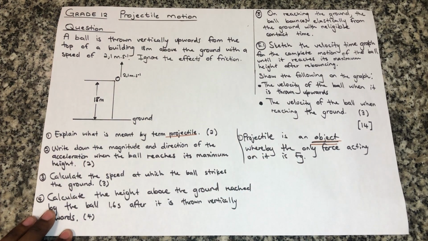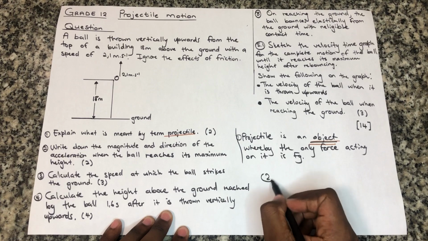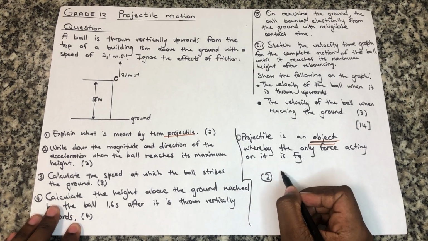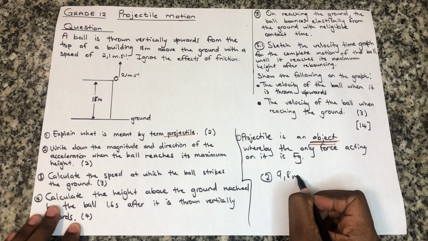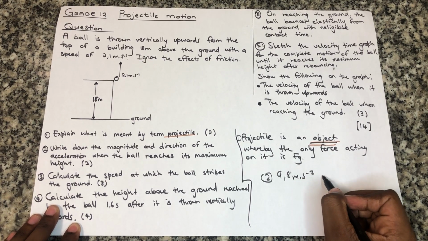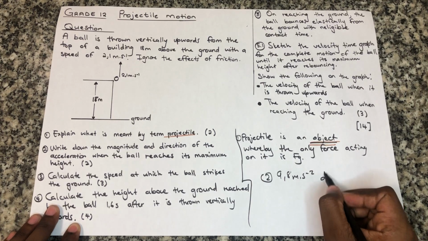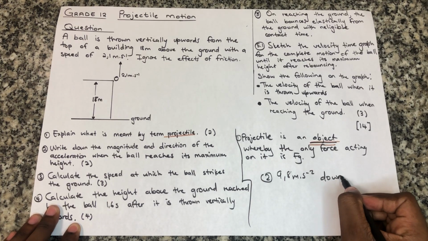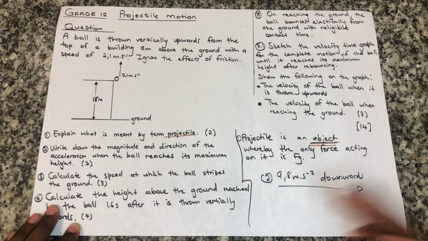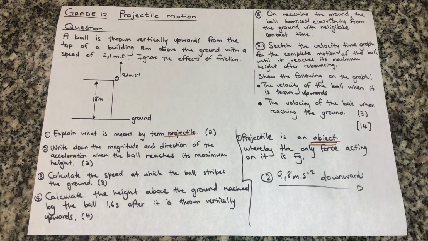So for number two, the answer is 9,8 meters per second squared, downwards.